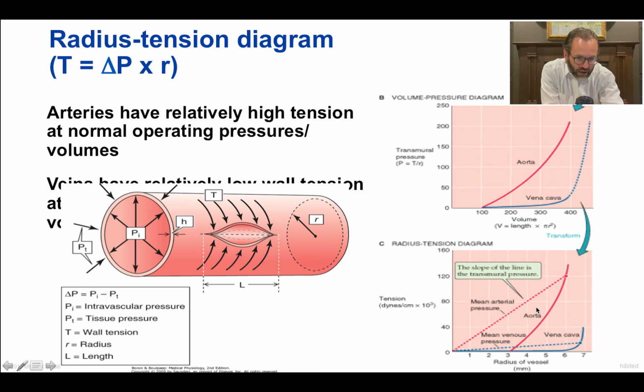And so critically here, this is important for the storage of energy within the vessel wall during the diastolic phase, so that we can have blood continue to flow forward during that diastolic phase. And of course, with the vena cava, you can have an extremely large radius with relatively low tension, which is consistent with the function of the venous vessels as capacitance vessels or storage vessels, storage sites for large volumes of blood to be mobilized later when it's needed at times of stress.